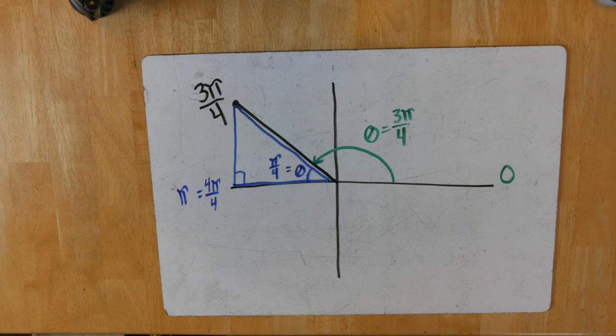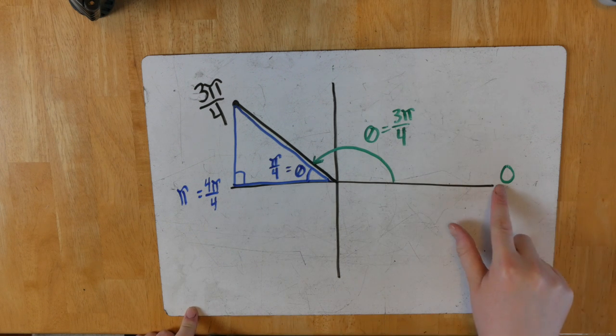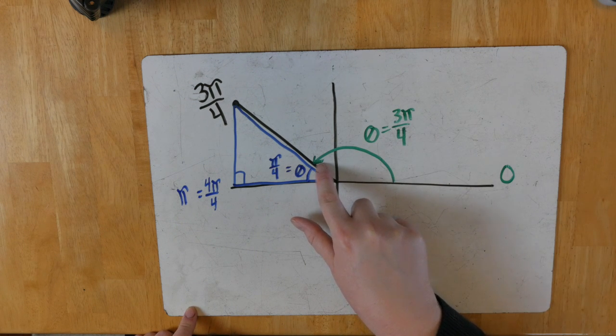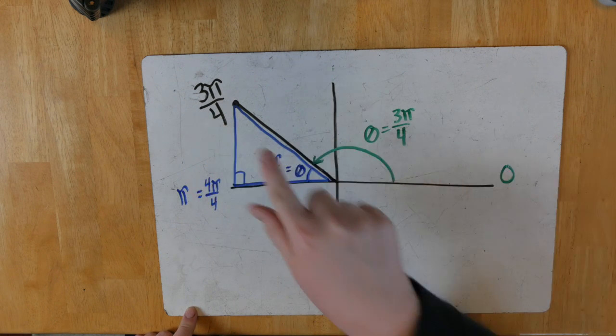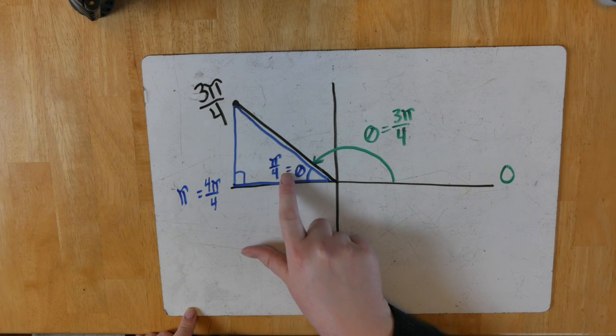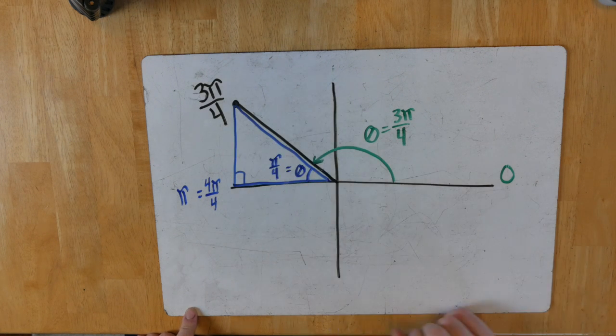But the tricky part is they get you the same values. So while we did travel from 0 radians along the green angle arrow to 3 pi over 4, we're then using the reference triangle that creates, which is a 45, 45, 90 reference triangle, because pi over 4 is equal to 45 degrees. We're using that reference triangle then to evaluate it.